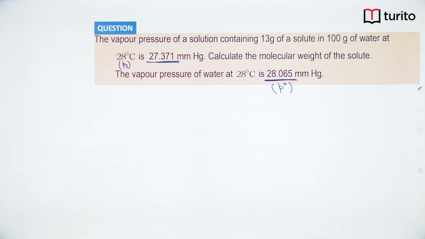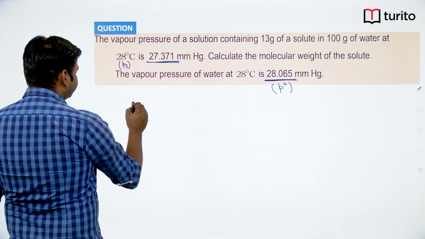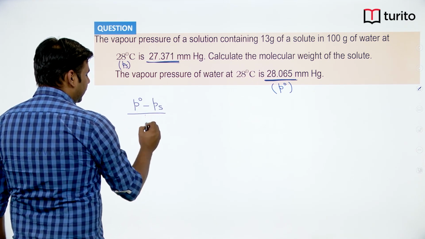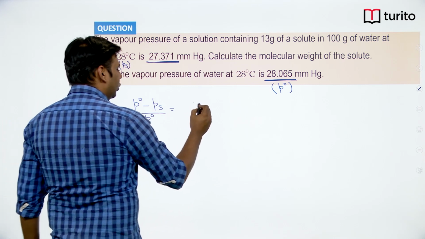Okay, so we know that the formula of relative lowering of vapor pressure is P naught minus Ps upon P naught equals the mole fraction of solute.